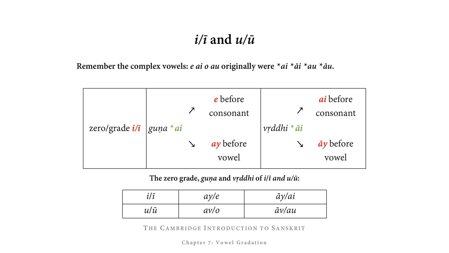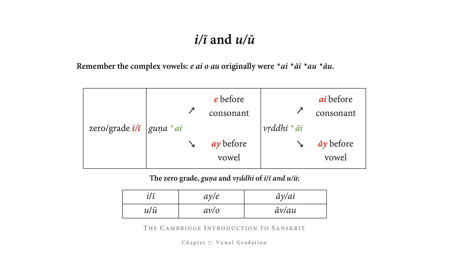So how do we see that? Well, let's look at the bottom of the screen to remind us of the zero grade, guṇa and vṛddhi forms of i and u. Now i is zero grade, there's zero a added. The guṇa form of i is either *ai or e, and the vṛddhi forms are either *āi or ai.